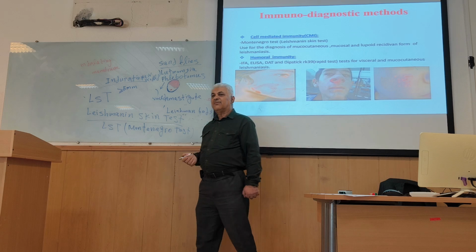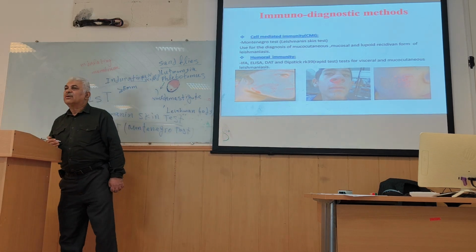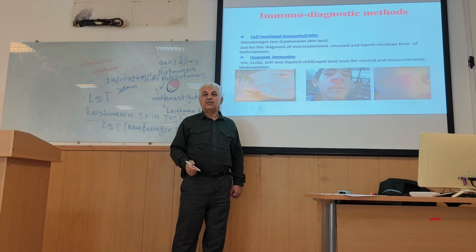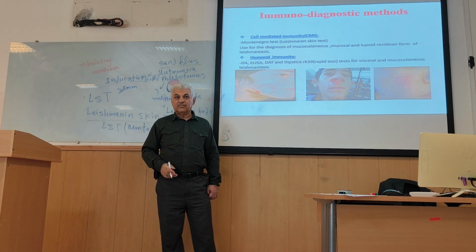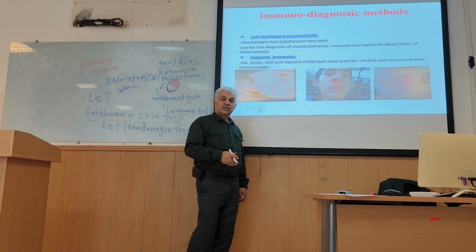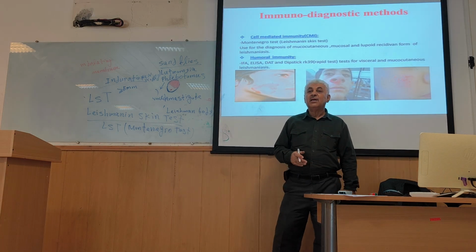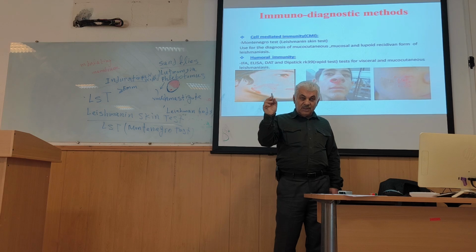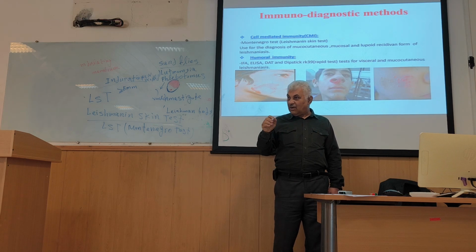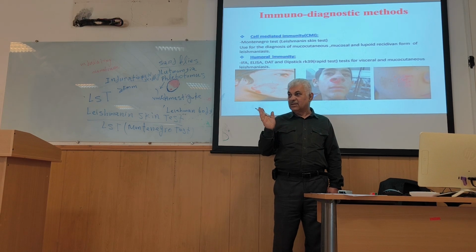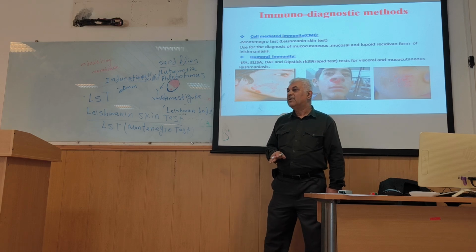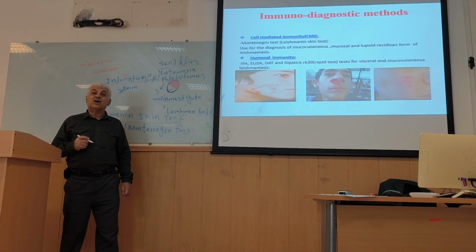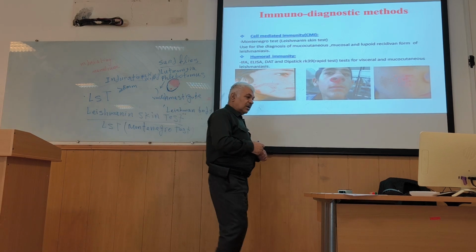It is different in different infectious diseases. For example, in tuberculosis, consider 10 millimeters and above positive, 5 to 9 suspected. But in leishmaniasis, consider 5 millimeters and above positive. Under 5 millimeters, negative. We use LST for the diagnosis of leishmaniasis.